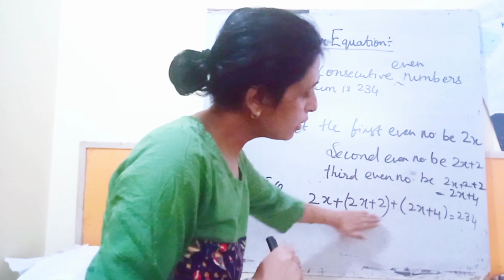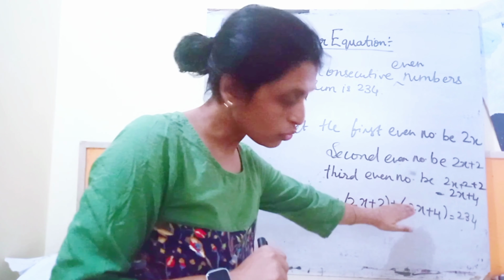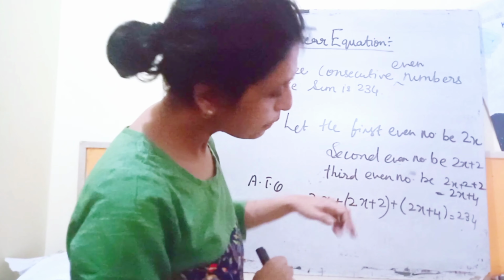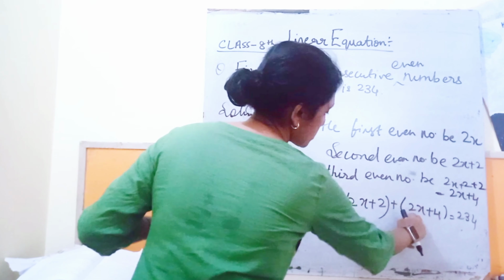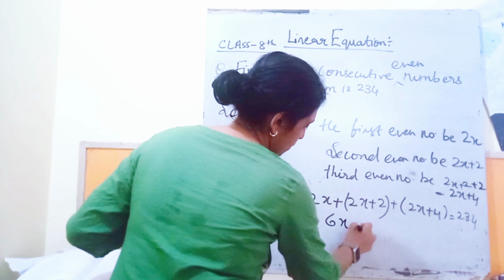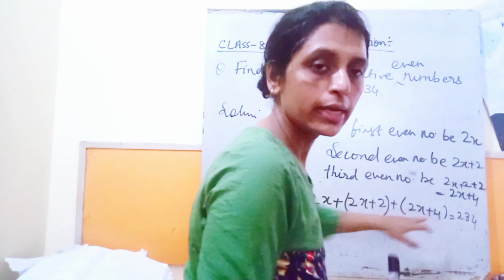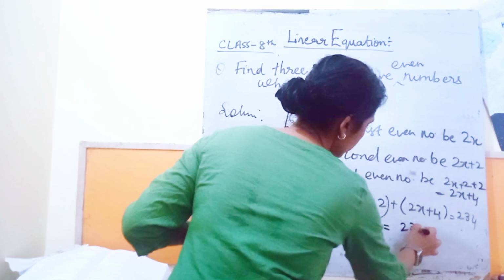We can add the like terms. Like terms means these terms 2x, 2x and 2x. These are like terms and others are constants. These like terms we can add because they have the variable x. So 2x plus 2x plus 2x is 6x plus, now 2 plus 4, it is 6, equals 234.